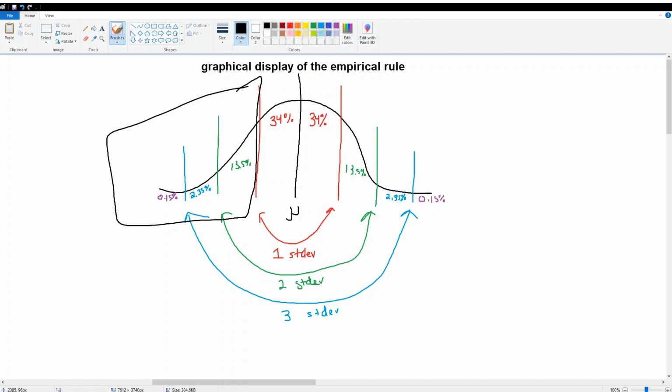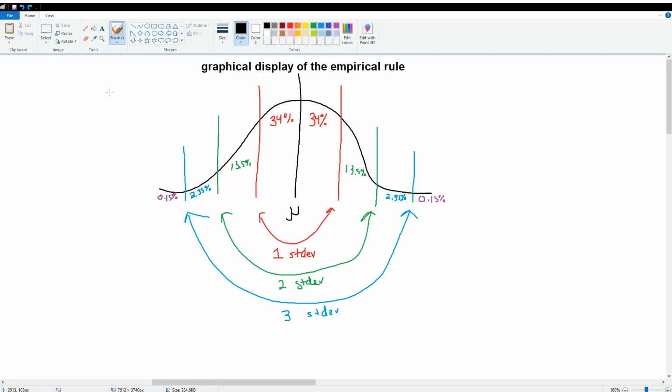So all you got to do is add up those 3 numbers. So 0.15, 2.3, and 13.5, which adds up to 16%. And so you could tell me 16% of the data points are located below 1 standard deviation below the mean, or below a z-score of -1. That's another reason why this display is more helpful. It'll save you a lot of time on the tests as well.